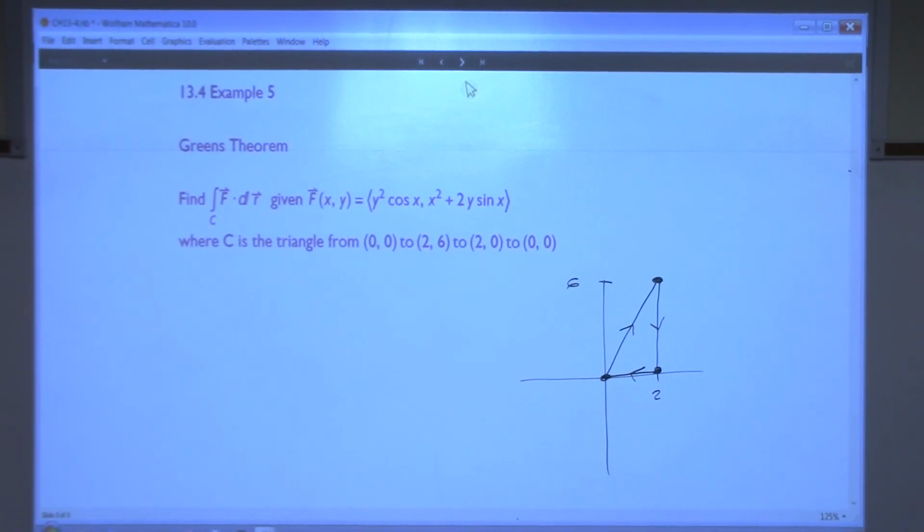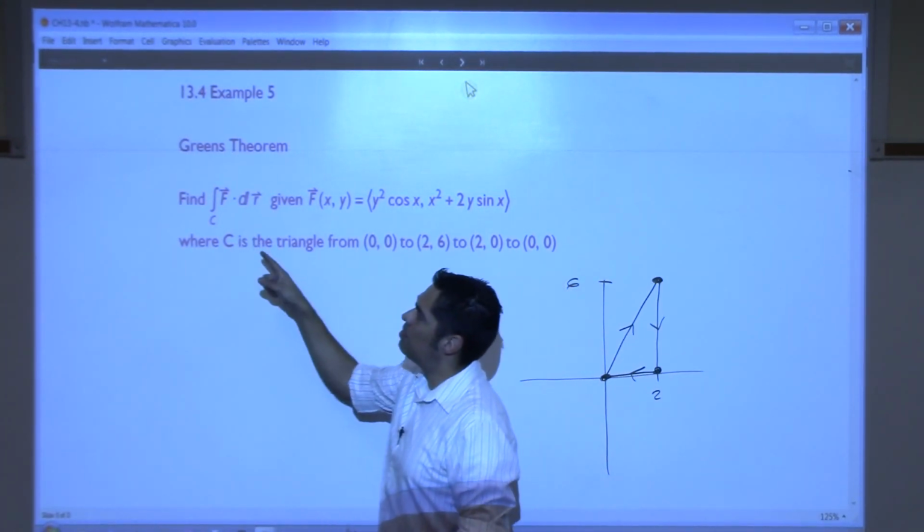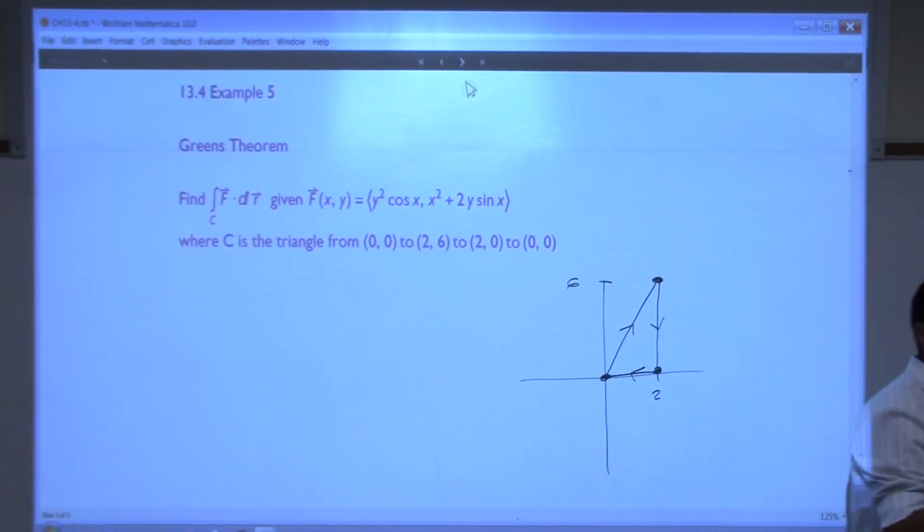Although I will say that number 5 is very much like this one, in the sense that the problems I was doing before, I wasn't doing the vector field dotted dr like that. I wasn't using Green's theorem that way. But if you go through your notes and look at the way we represent things, it'll all work out. So my answer is yes if you do a little more research, but no if you are just going to wait for me to show you next class. That's why this is a bonus though, okay? Do it at the beginning of next class.